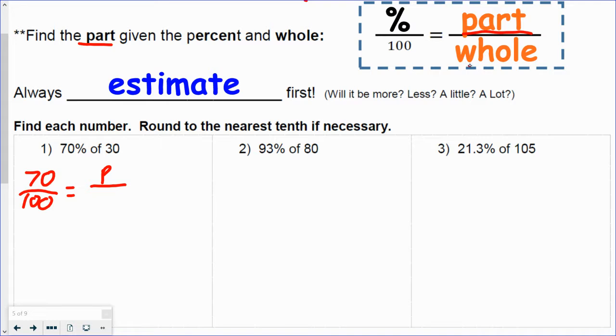And the number that they give us, this is our given today, only today, is my whole. So my 30 goes below. And I'm going to estimate. 70% is more than half, so I want to make sure my part is more than half of 30, which is 15. So our number should definitely be higher than 15.